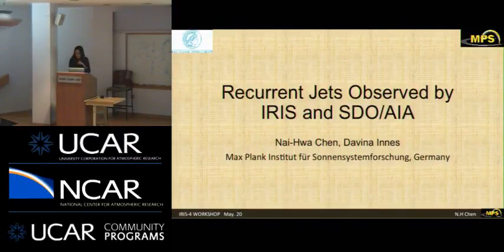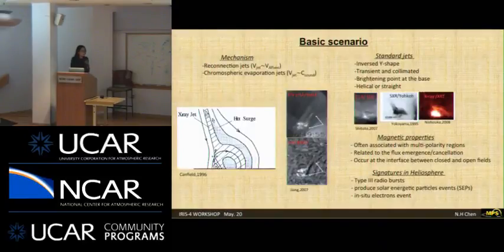As you know, jets are observed over a large range of different scales, in X-ray, H alpha, and UV, of course. And many pictures show the interaction between the emerging flux and the pre-existing flux.